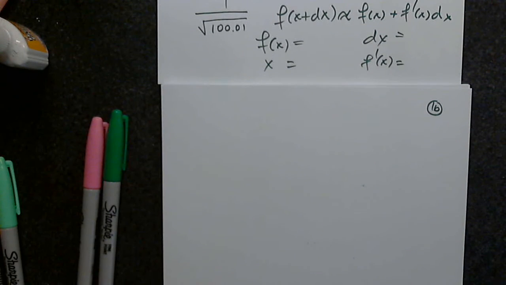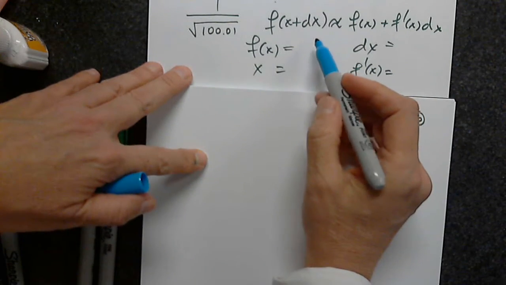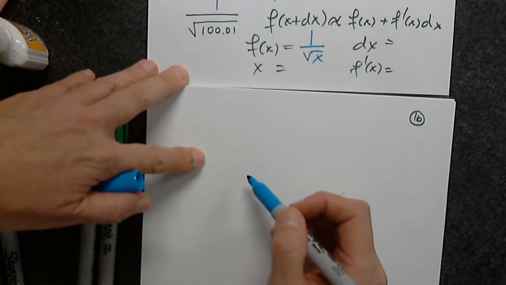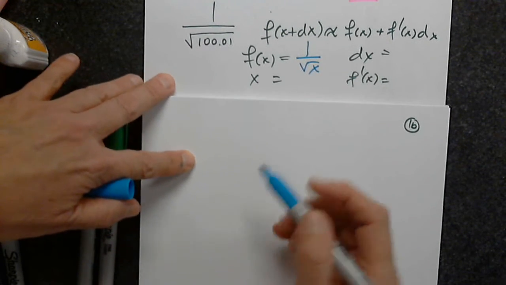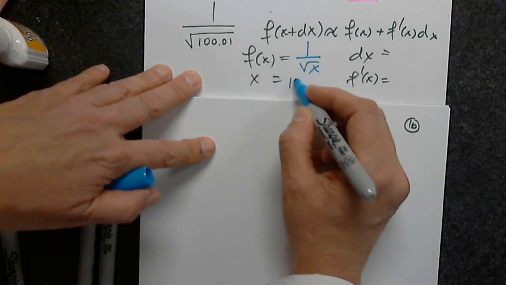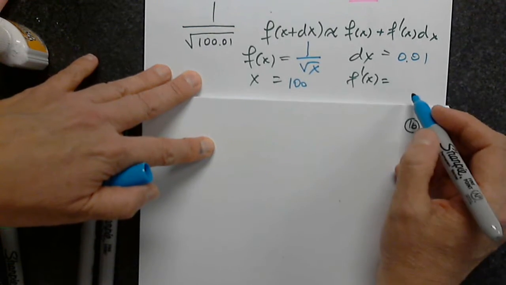Can anyone give us the function? It's not a nice function. Right? Is? Yeah, it's not a nice function. But x is nice. What is x? Very good. What is dx? What is f prime?